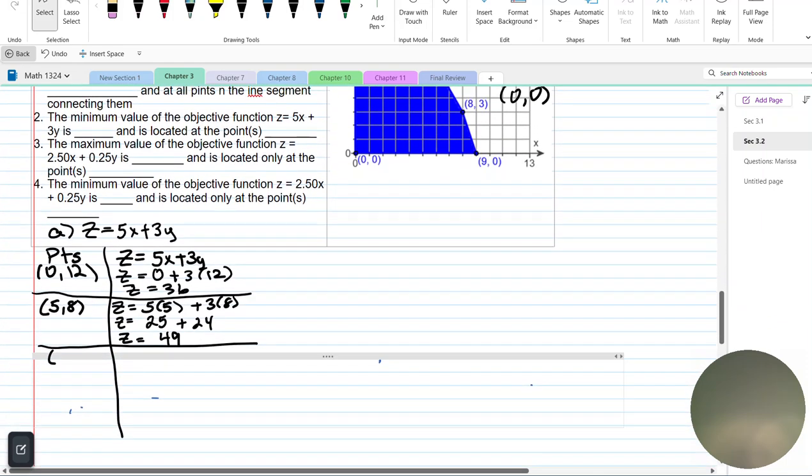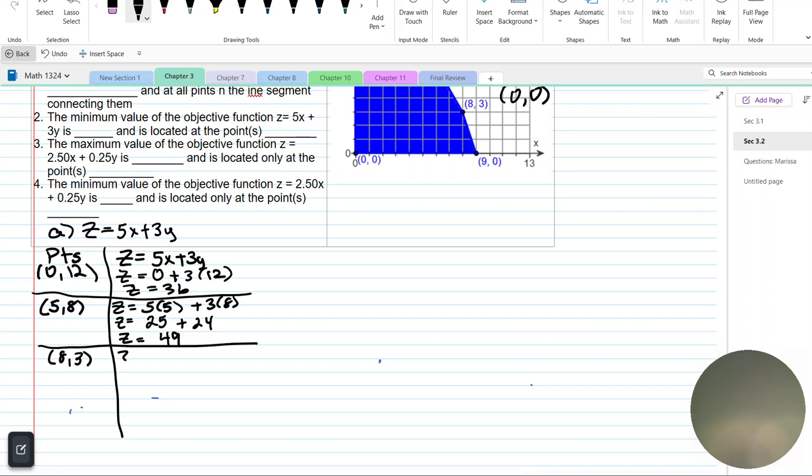8 and 3. And in 8 and 3, I'm going to have Z equals 5 times 8 plus 3 times 3. Z equals 40 plus 9. Z equals 49. There you go.